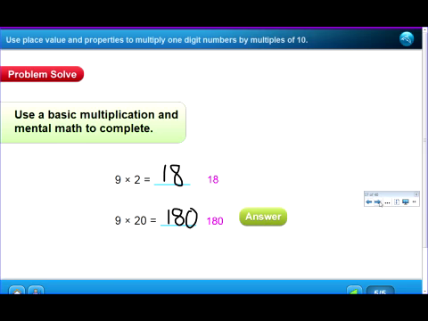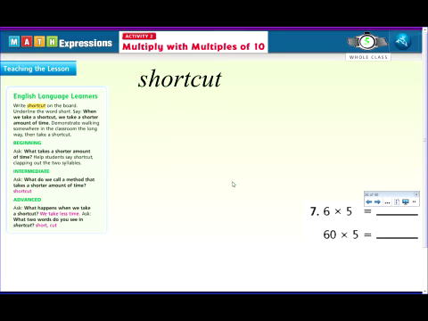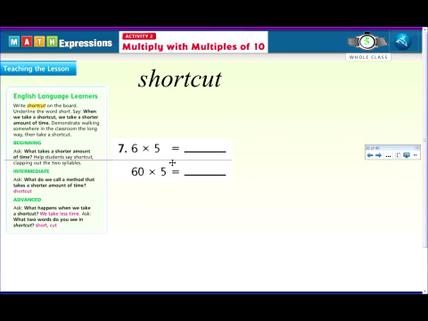Way to go! When we say shortcut, we mean to find a shorter amount of time. When you take a shortcut to your house, do you usually take the long way around? No, you want to get there faster. Well, the same thing happens in multiplication. 6 times 5.